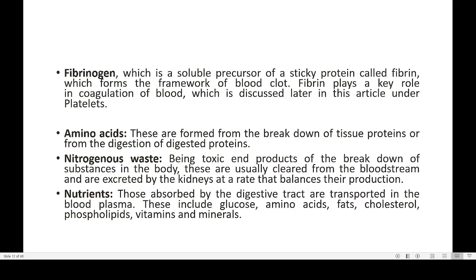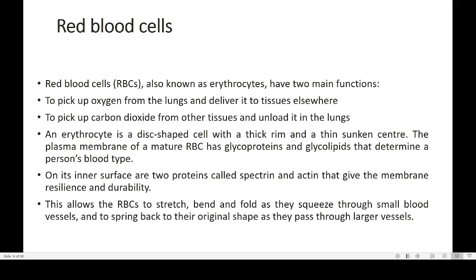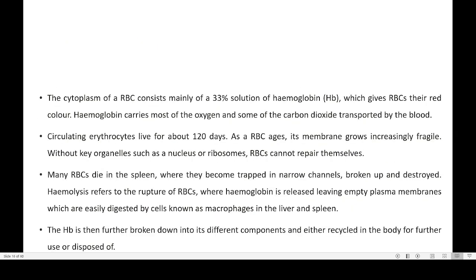Then we have amino acids, nitrogenous waste materials, nutrients, gases and electrolytes. So this is an idea of the composition of blood. Blood is mainly plasma plus blood cells. You have to explain the different types of blood cells, and also the different substances present in the plasma.